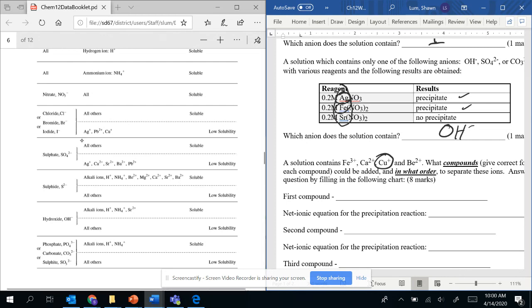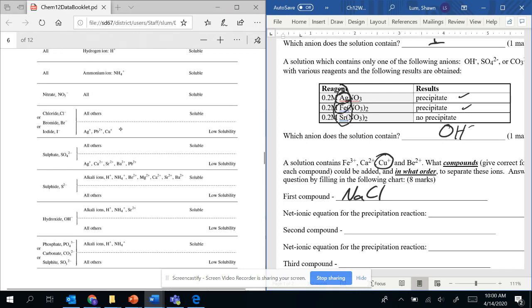Okay, I can see over here that if we added something like NaCl, again, Na is just a spectator, Cl is what's going to actually do the work for us and form a precipitate. It's not going to form a precipitate with Fe, Ca, or Be.